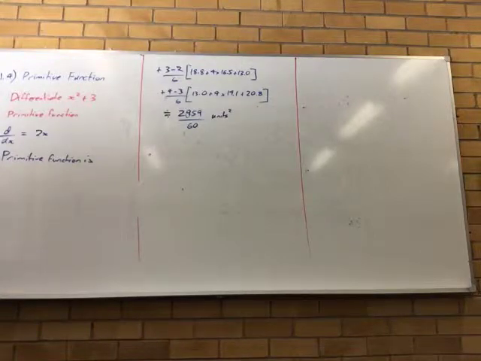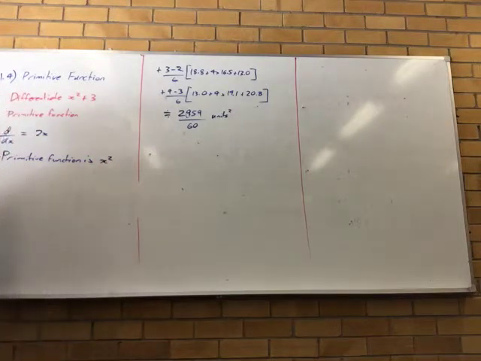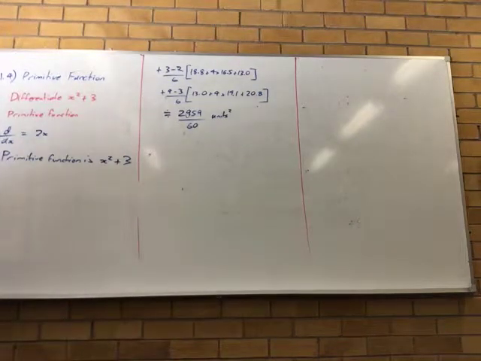And what's the primitive function? x squared. But from the question, that really should be the primitive function, shouldn't it? But it's not. But how do you find that if you only get the question?